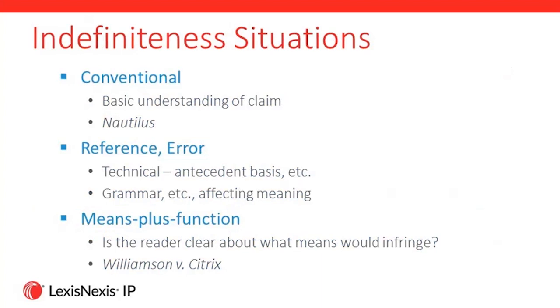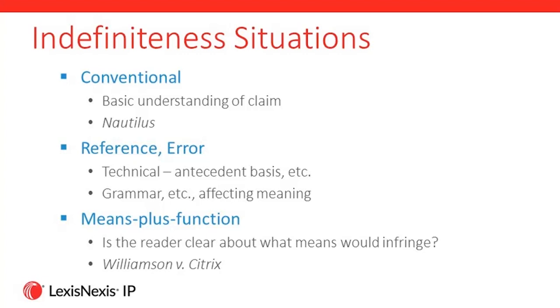A second type is where you simply make a mistake in a reference or a mistake in an area. That can fall into a technical error field, such as antecedent basis. Or I've seen cases where you've got a lot of numbers and calculations and they don't work. That's a problem of definiteness. Or a matter of grammar, because there are cases where grammar winds up affecting meaning.